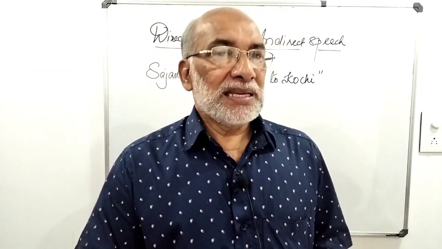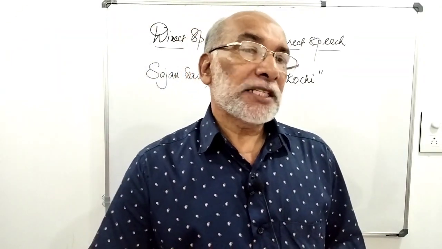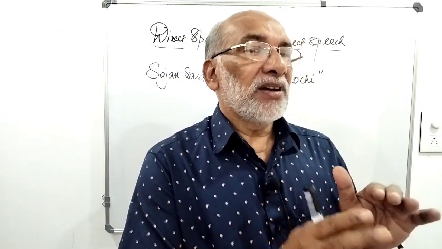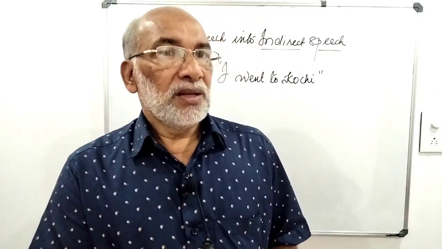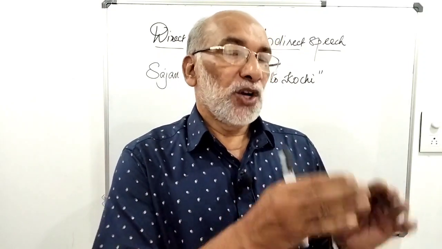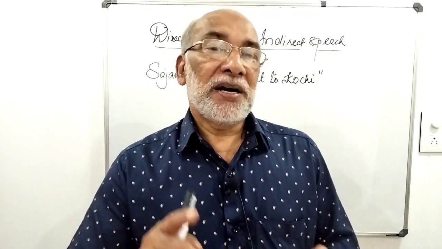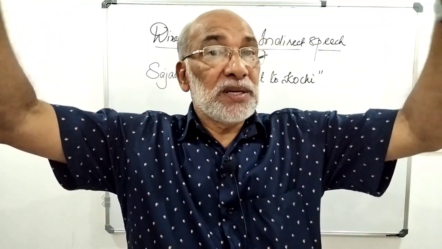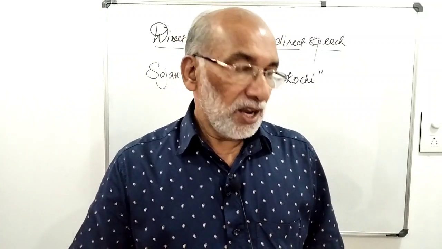Understand that a sentence to be converted into indirect speech will have two parts. It can be divided into two. The first part, the part that contains the reporting verb, and the second part, the part to be reported, that is direct speech, and that is marked by double inverted commas.